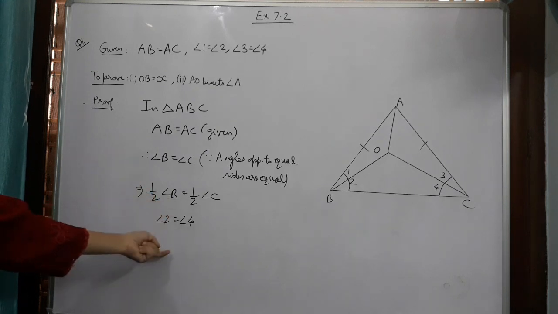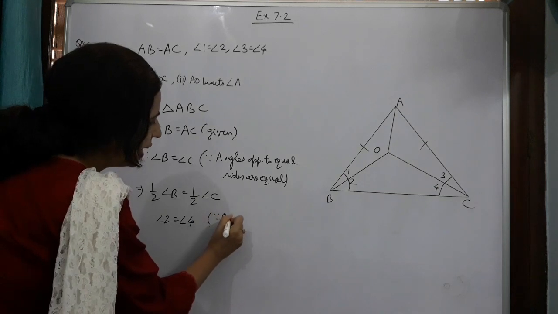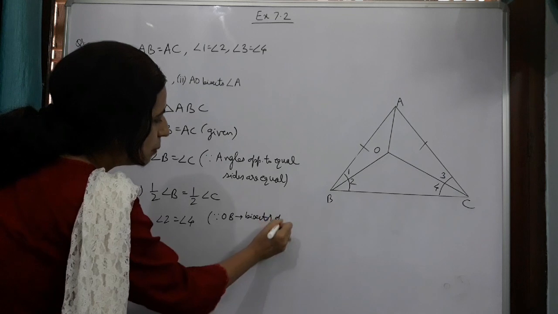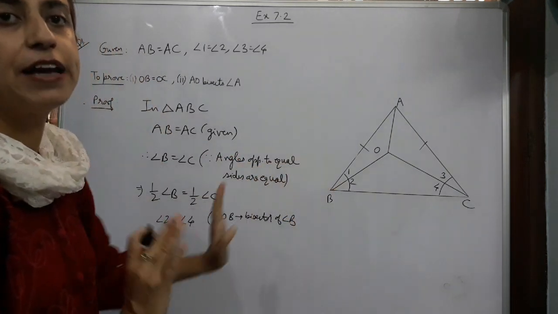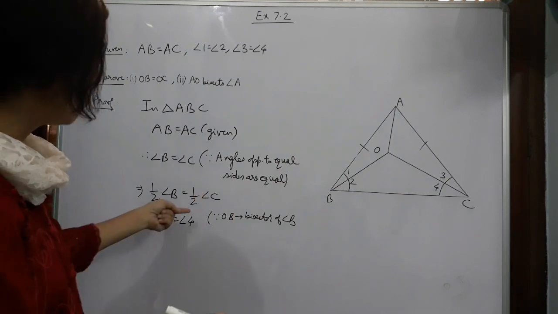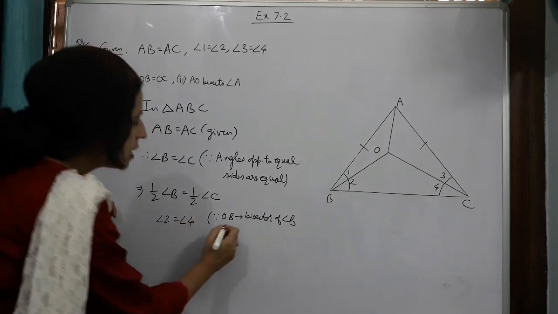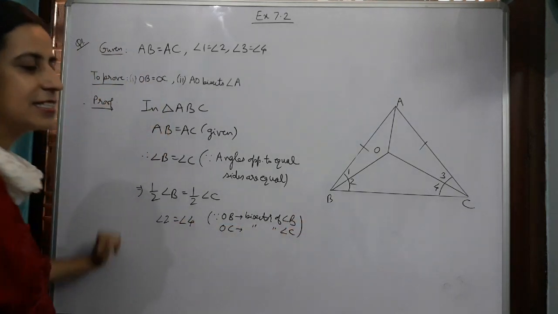Why have we written half of angle B as angle 2? Because OB is the bisector of angle B. And why half of angle C as angle 4? Because OC is the bisector of angle C.